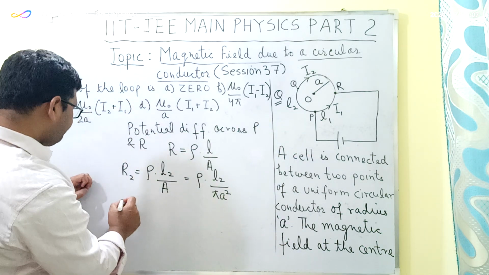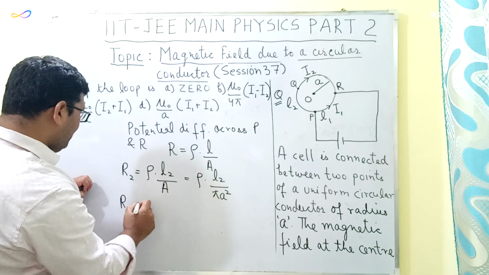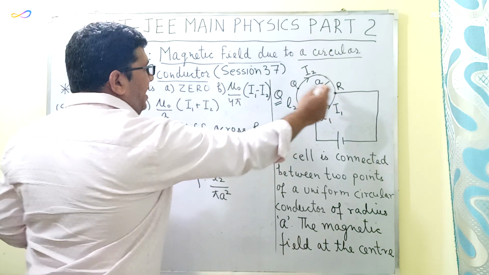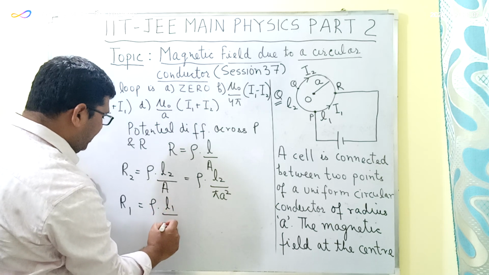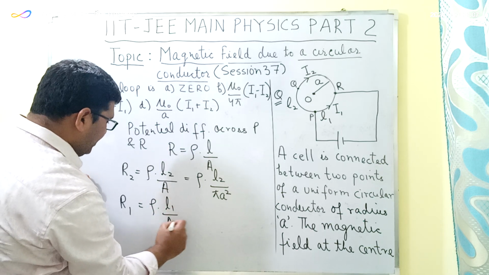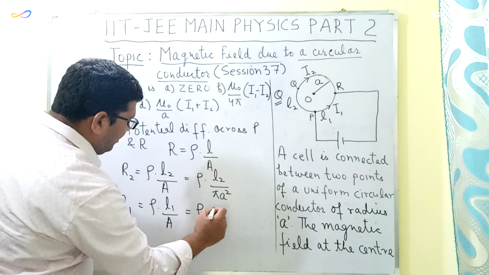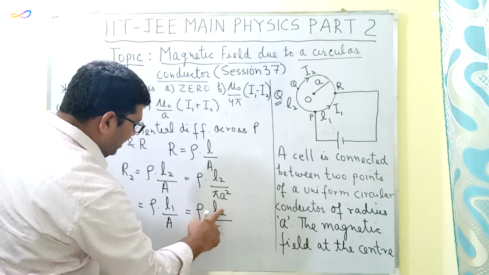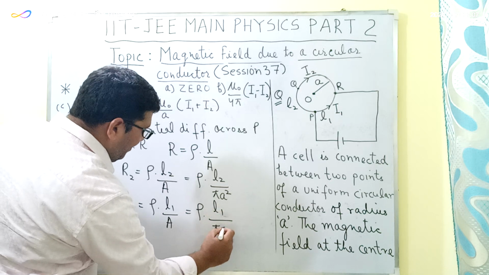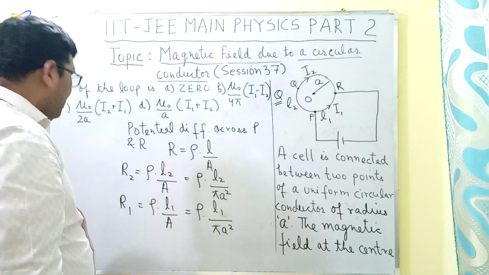Similarly, the resistance of the arc PR will be equal to rho L1 divided by the area of cross section, which is rho L1 divided by pi A square.